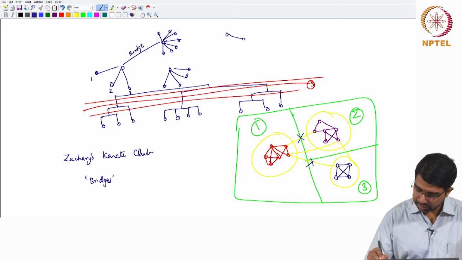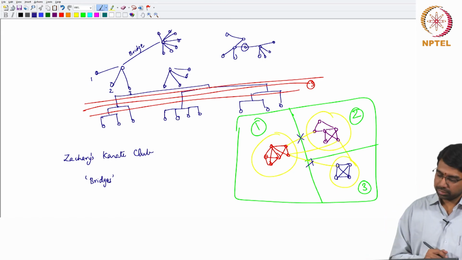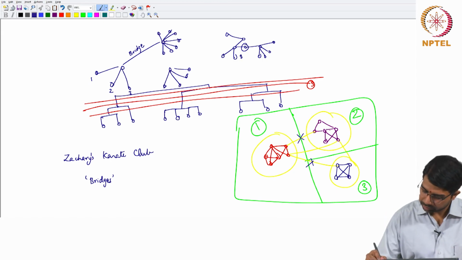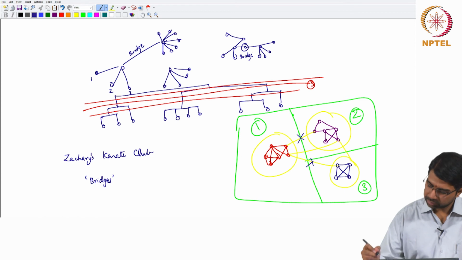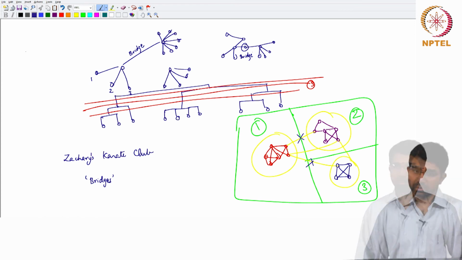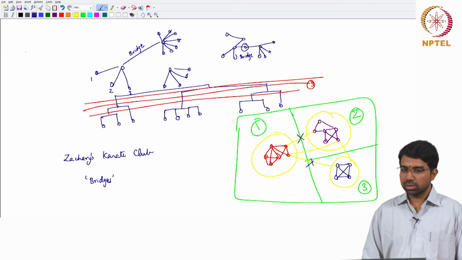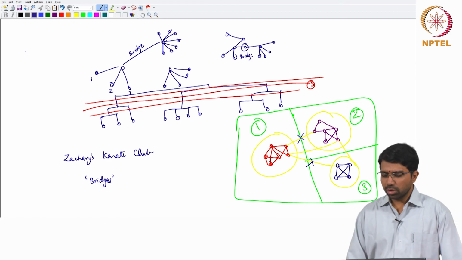and in this case this would be a bridge node. There is no bridge node. Either, you may have both, right.